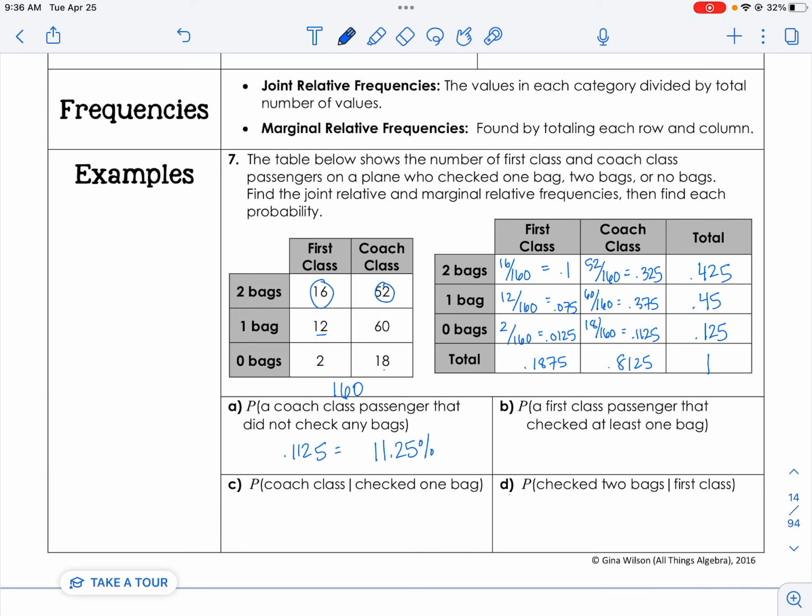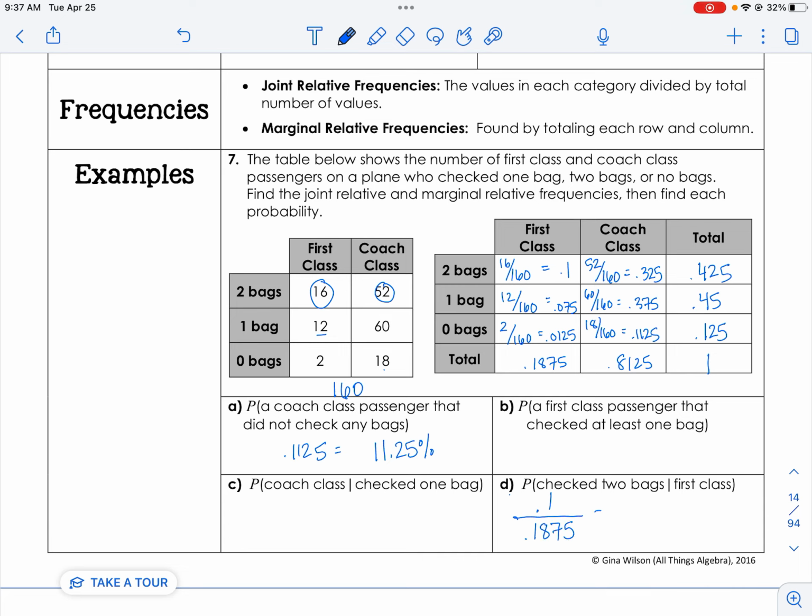I'm looking for the probability of someone who checked 2 bags given that they're in first class. So now I'm looking at the probability of 2 bags given that they're in first class. That is first class and 2 bags, that would be 0.1, but remember that I want to divide that by the total number of first class passengers.